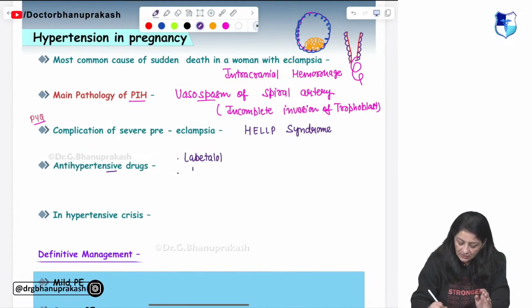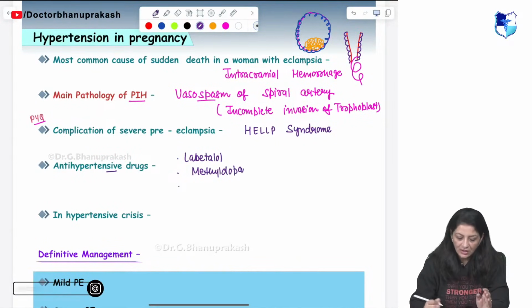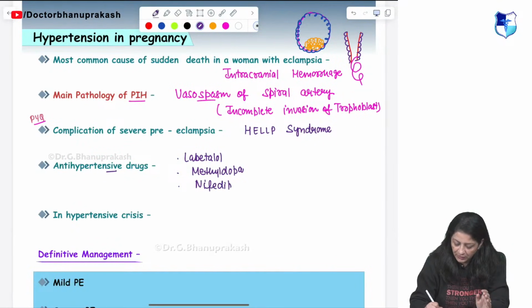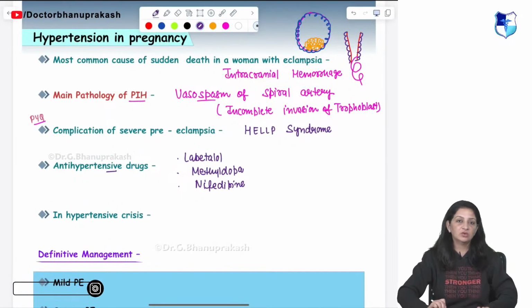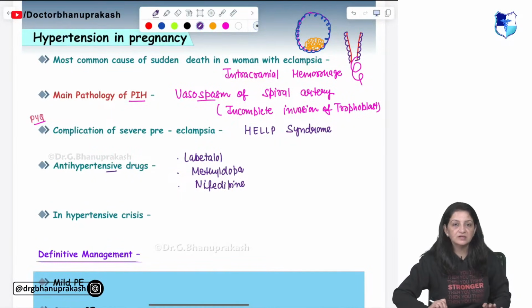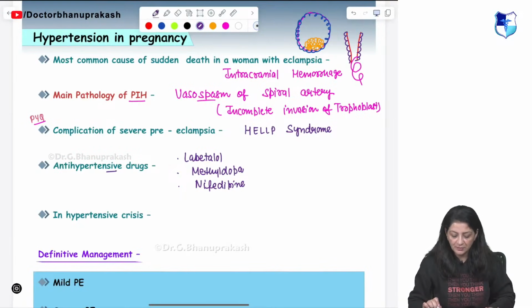Second drug is methyldopa. Third one is nifedipine.